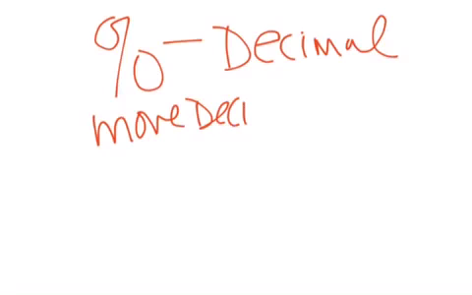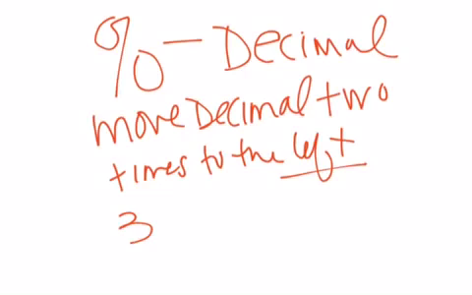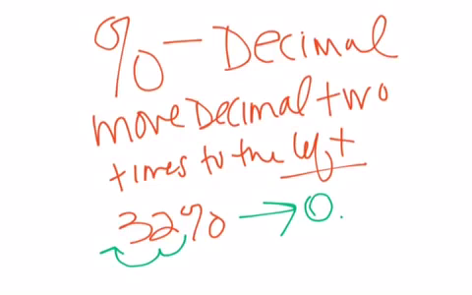Move the decimal 2 times to the left. Okay, if you have 32%, the equivalent decimal is going to be 0.32.